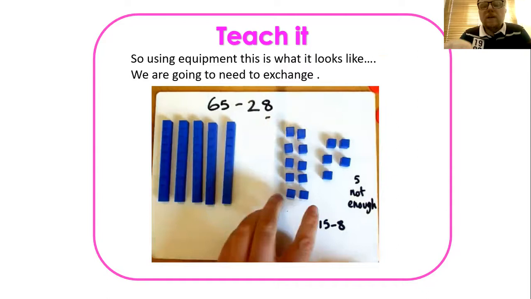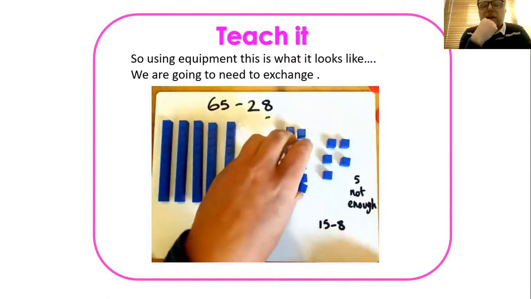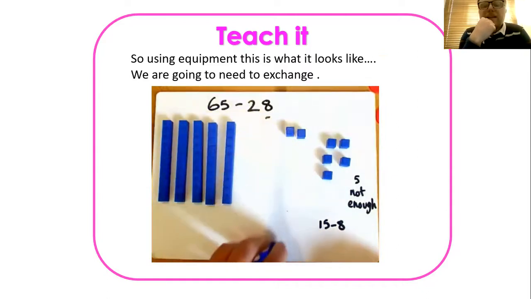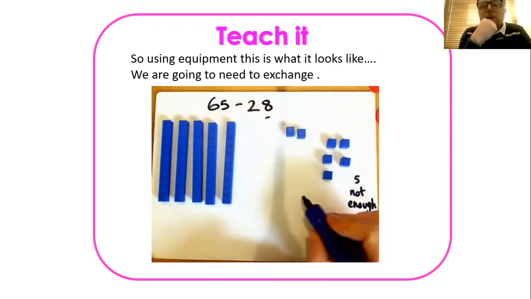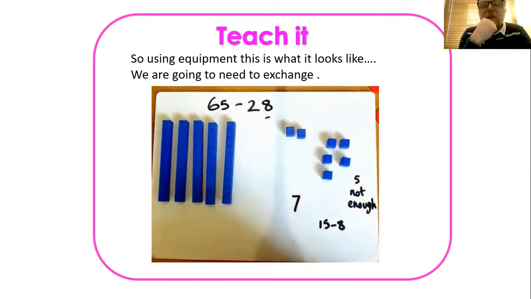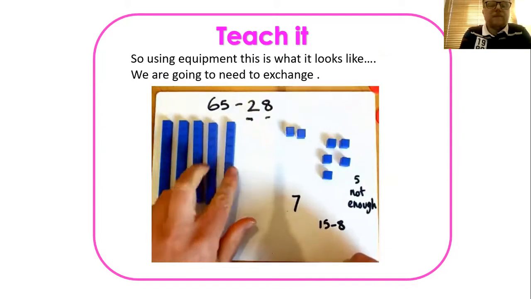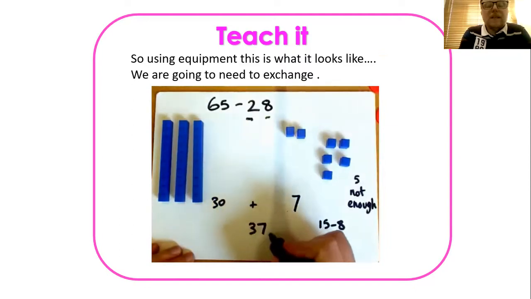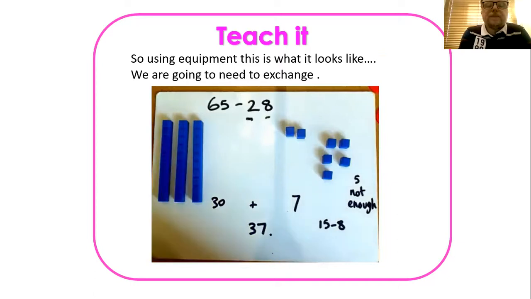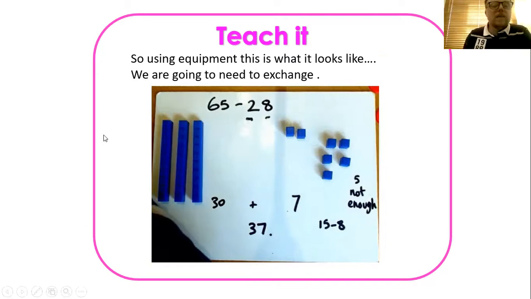You could either do 5 and take away another 3, but if you think about that 10, I'm going to take all 8 of those away, and it's given me 2, because you know 8 and 2 is 10, so you've got 2 of that 10 left, and 5 more. 2 and 5 makes 7. Now I've got to take away another 2 tens from my 50, and I'm left with 30. So I've got 37. And I think that's fairly straightforward. So I'm going to draw pictures of it on my next video now.